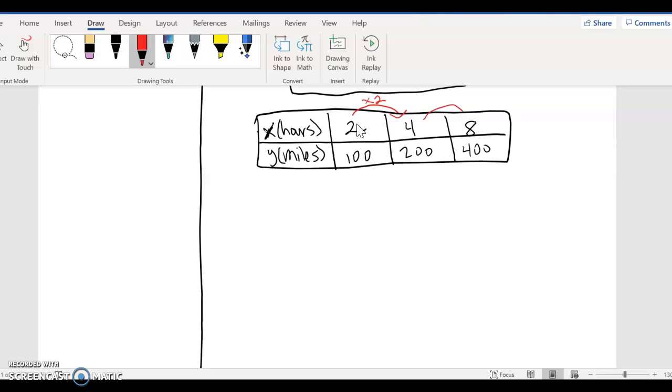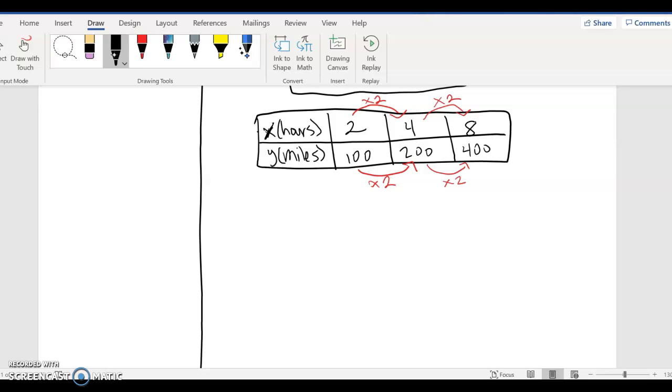To get from 4 to 8, I would multiply by 2. 4 times 2 is 8. Well, if you look at our bottom row for the miles, if I want to go from 100 to 200, I multiply by 2. 100 times 2 is 200. And same thing applies here. 200 times 2 gives us 400.